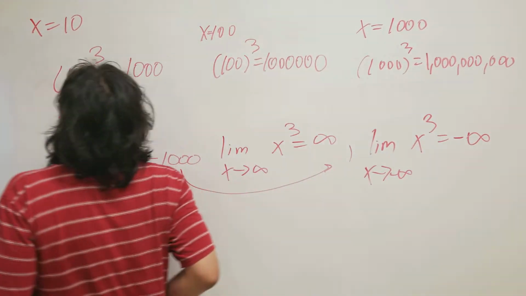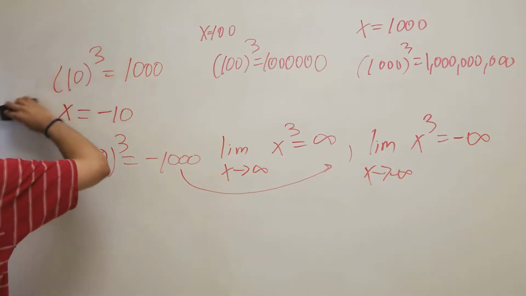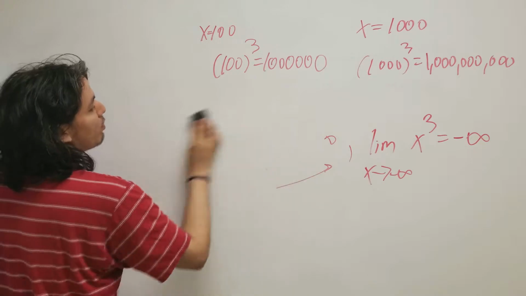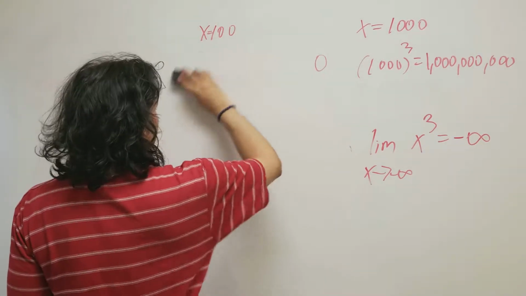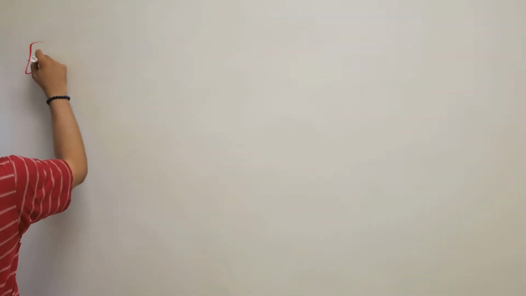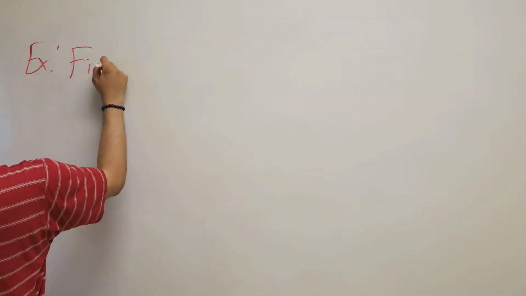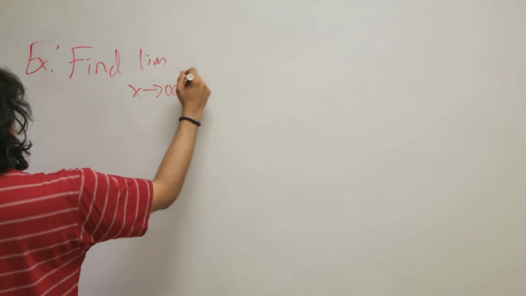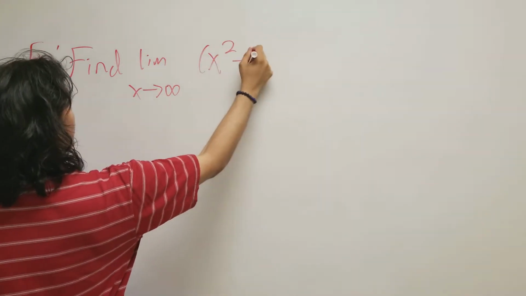Now, that's not always the case. In some cases you have to be a little bit intuitive about how you go about plugging in infinity. I'm going to show you an example of what I mean by this. So the example I have is find the limit as x approaches infinity of x squared minus x.